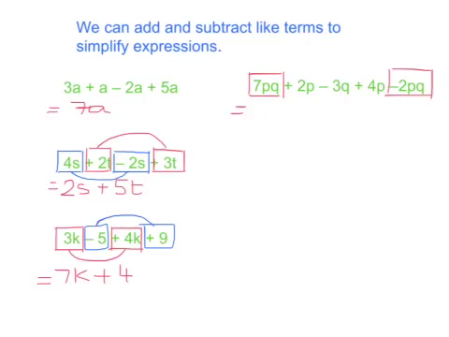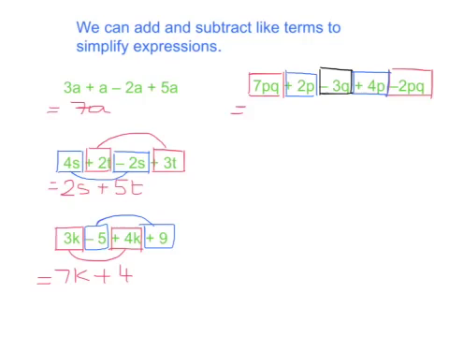So the negative 2 goes with the PQ. And then I've got some P's, so I'm going to put a blue box around the P's. And I've got some Q's on their own, so I'm going to put black around the Q's.